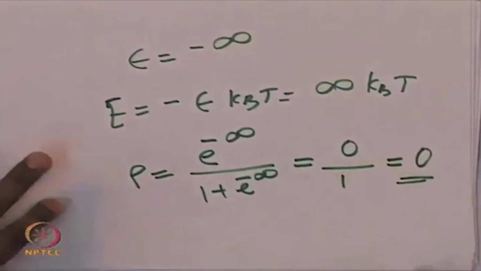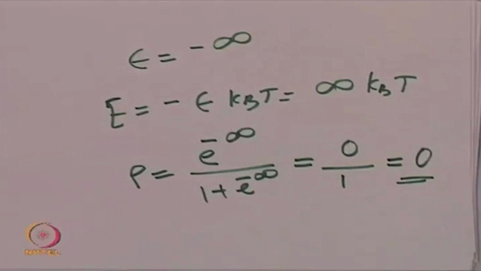So, if the binding energy is infinity, no proteins will be bound. So, this will give us the correct binding density.